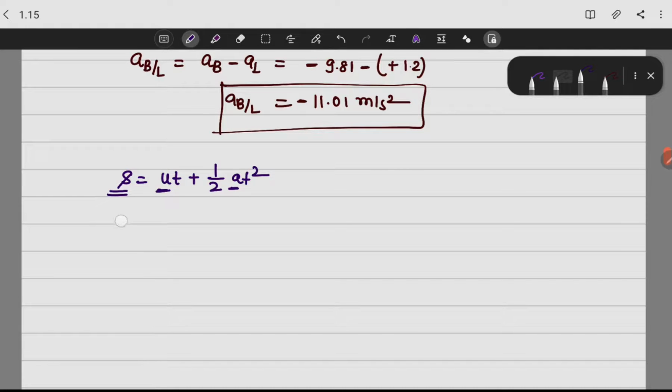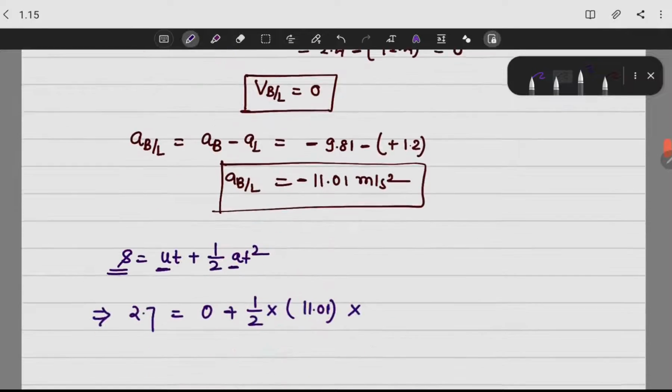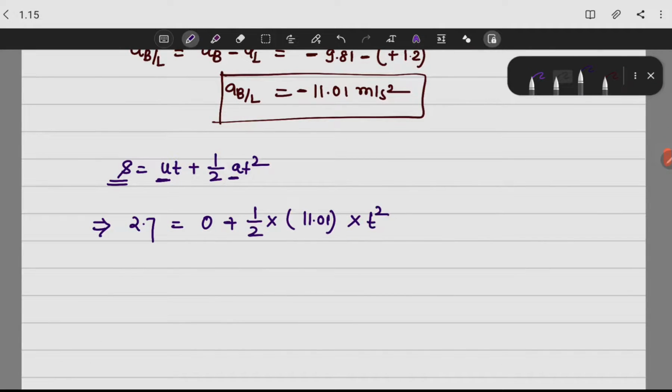So the distance we can write as 2.7 meter is equal to velocity is 0 plus half into acceleration, that is 11.01, into the time taken, we have to find t square.